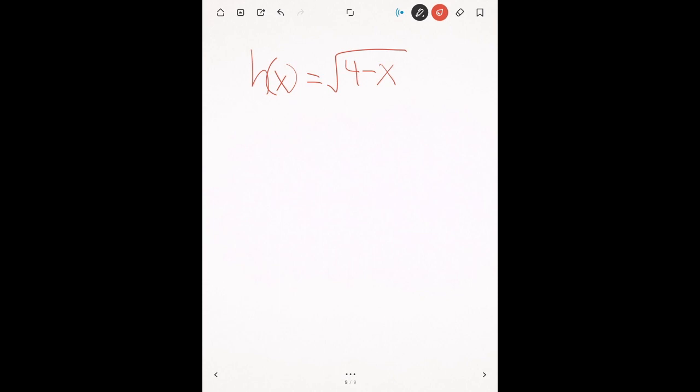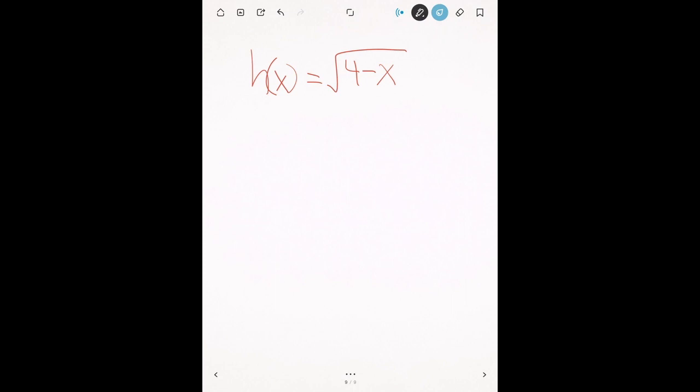Now, we said before that this is going to have a restricted domain. There are some things that we cannot plug in for x. Well, what can we not plug in for x? Take a minute, pause the video, and see if you can think for yourself, what values could we not plug in for x? What do I not want to happen with this square root here? What do we want to avoid?